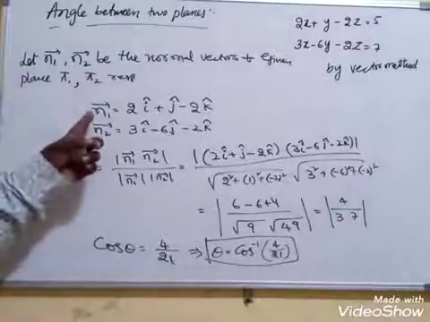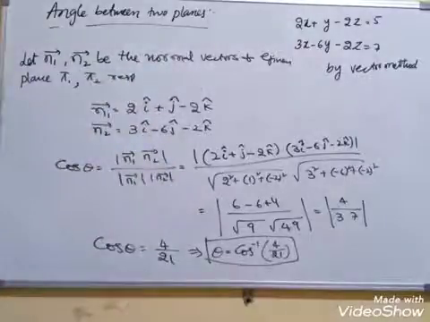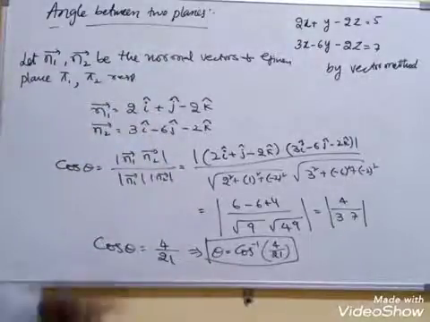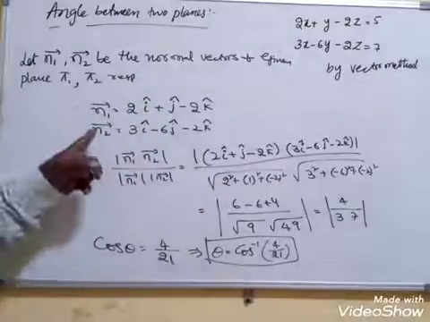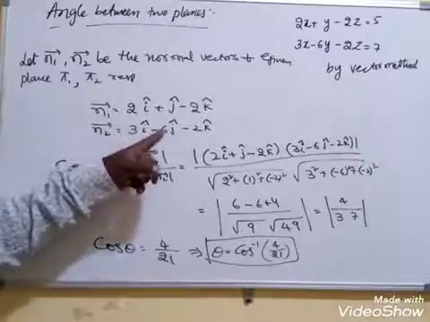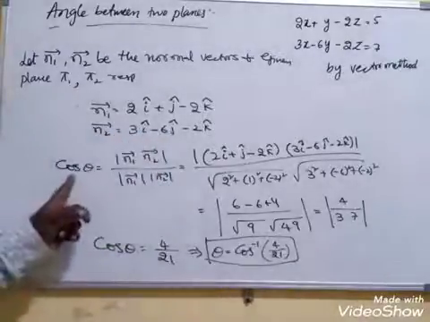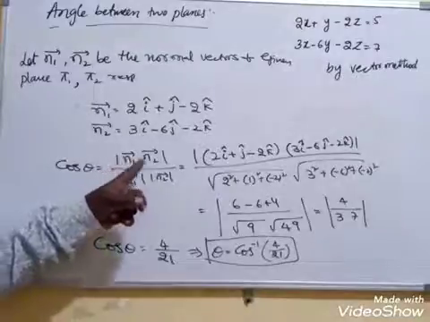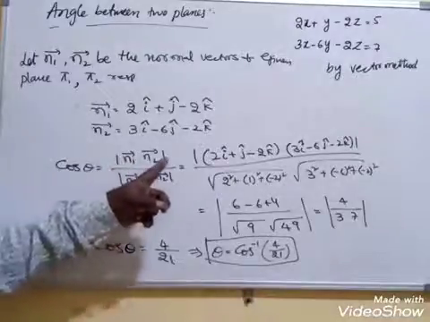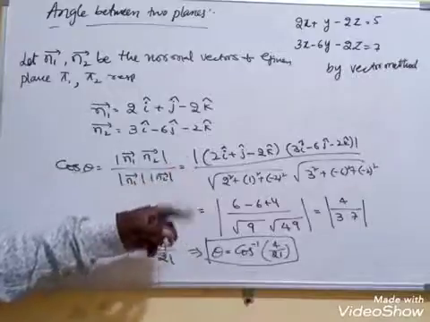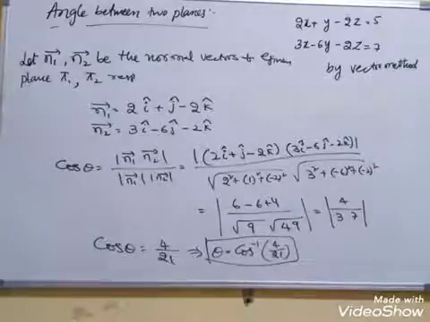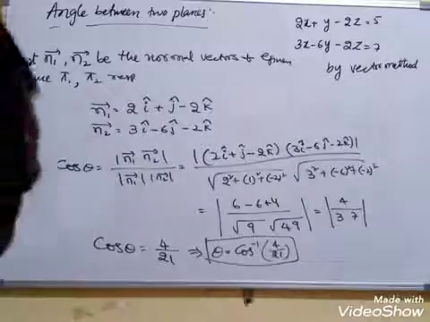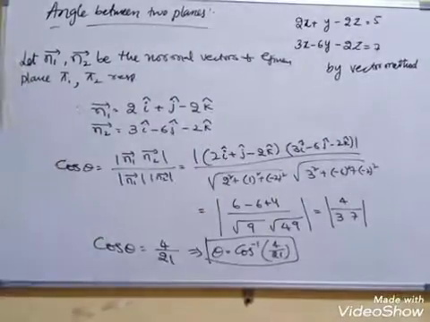Instead of x, y, z you take the unit vectors along the x-axis, y-axis, z-axis. Therefore n1 bar is equal to 2i plus j minus 2k, and n2 bar is 3i minus 6j minus 2k. The formula is cos theta is equal to modulus of n1 bar dot n2 bar by modulus n1 bar modulus of n2 bar. By substituting the values, finally cos theta is equal to 4 by 21. Therefore theta is equal to cos inverse of 4 by 21. This is the vector method.